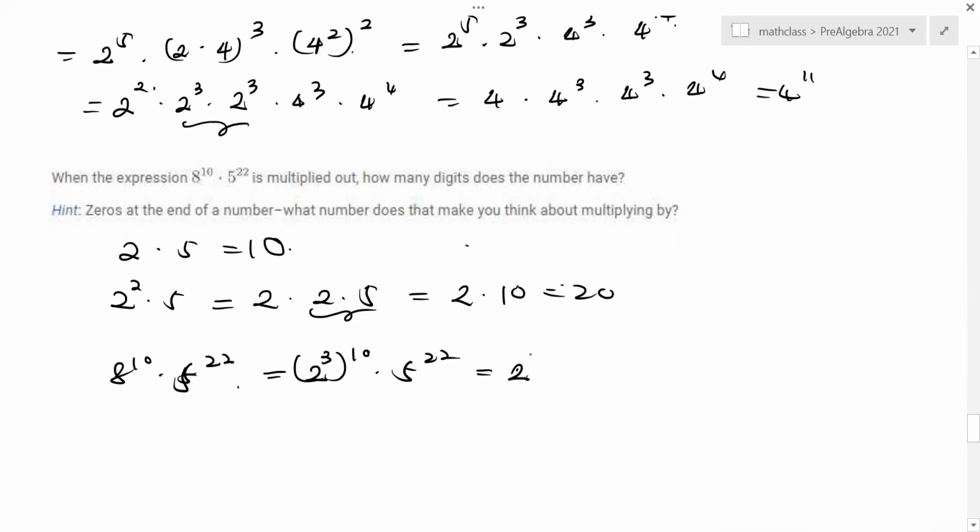So then it'll be 3 times 10 is 30. So there'll be plenty of 2s there to meet the 5s. Then 30 minus 22.